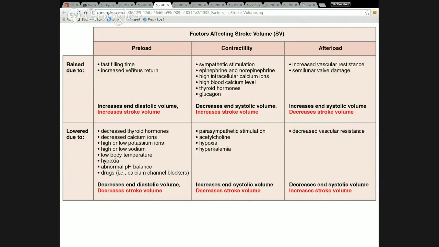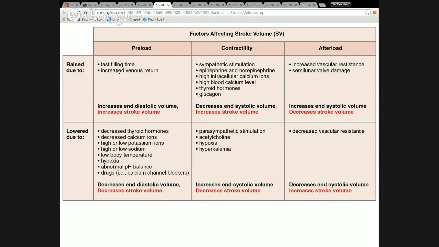There could be more pressure behind the blood, pushing it into the ventricle faster. Or you can have an extended filling time. If the heart beats slower, then there's going to be more time within a single heartbeat for blood to get into the ventricle. So anything that increases the filling there is going to help.